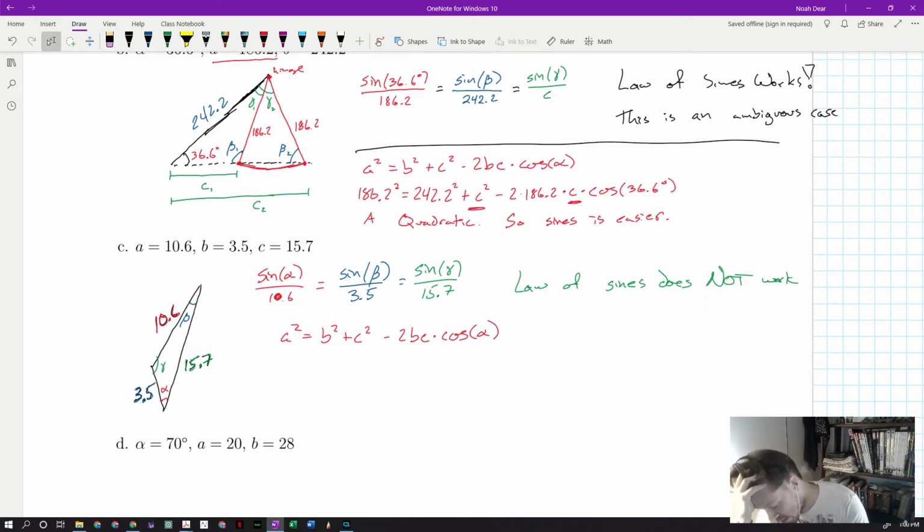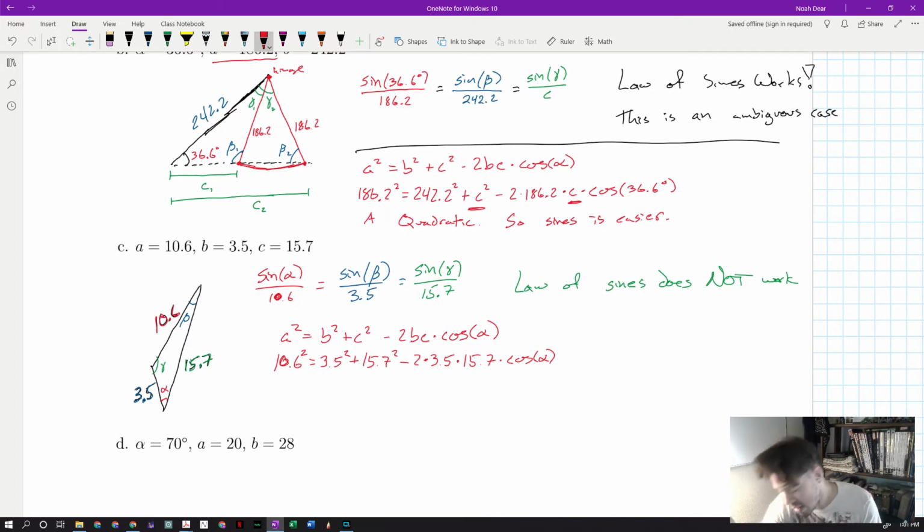And if we plug in, 10.6 squared equals 3.5 squared plus 15.7 squared minus 2 times 3.5 times 15.7 times the cosine of alpha. We see that alpha is the only thing missing here, so we could solve for it. And then we could repeat this process to find beta, and then we could do 180 degrees minus alpha minus beta to get gamma. So law of cosines does work.